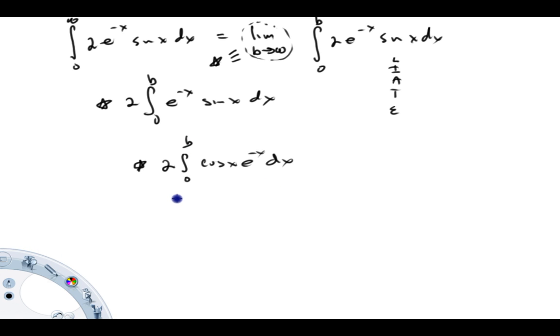And again, by application of integration by parts, LIATE: logarithmic no, inverse trig no, algebraic no, trigonometric yes. So we're going to want to let u equal cosine x. Whatever's left is the dv. That's going to be e to the minus x dx. du is going to equal minus sine x dx.